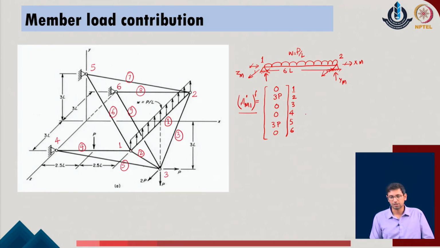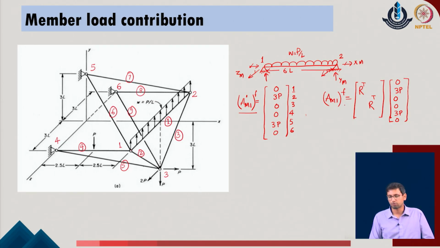Once I have located these values, I can evaluate the A of member 1 with respect to the fixed end forces in the global directions, and to do so I must evaluate the R values of the given system. So, R transpose into the individual member forces which are 0, 3P, 0, 0, 3P and 0.